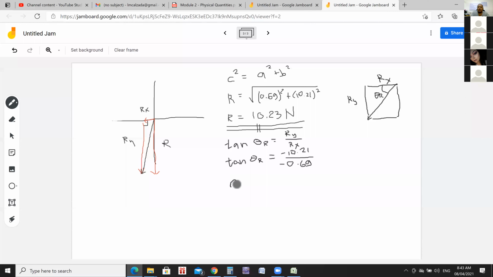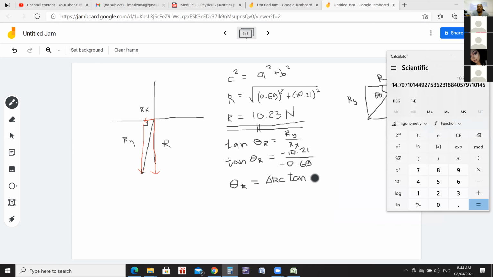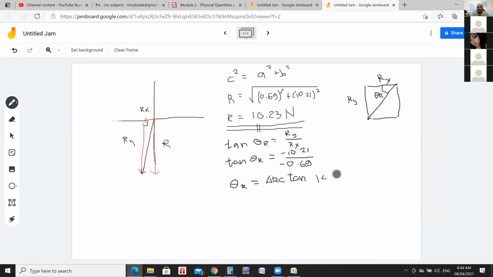Or we have our resultant direction, or resultant angle, is just equal to the arc tangent of negative 10.21 divided by negative 0.69. The answer is positive because negative over negative is positive: 14.80 for theta R.